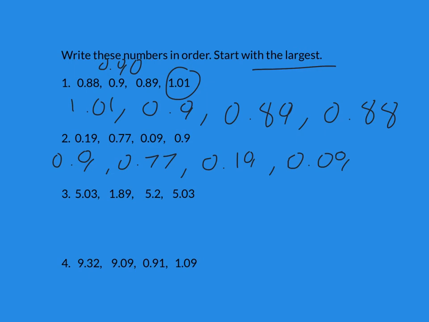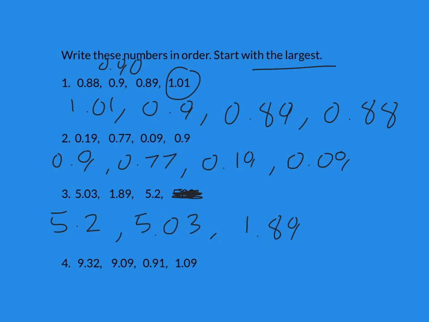Okay, number 3, so starting with the largest, 5.2. I know, sir, I've written 5.03 down twice, so it's 5.03 and then 1.89, so you can forget about that second one there. Okay, now I'll be able to know who watched the video and who didn't.